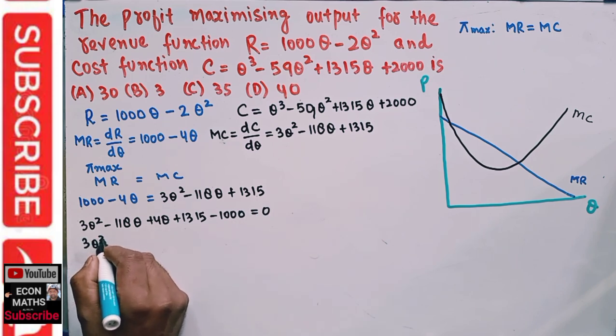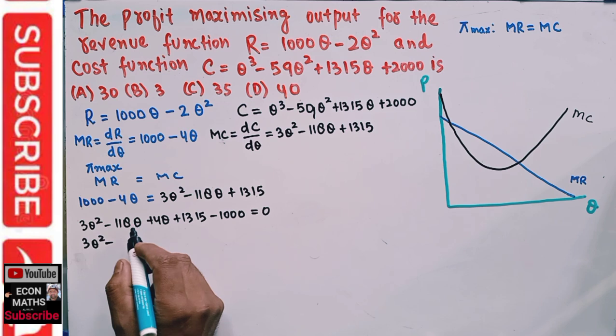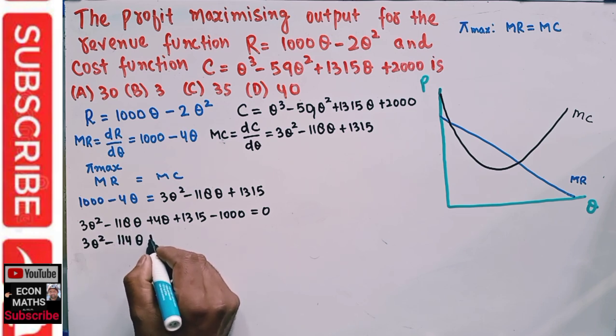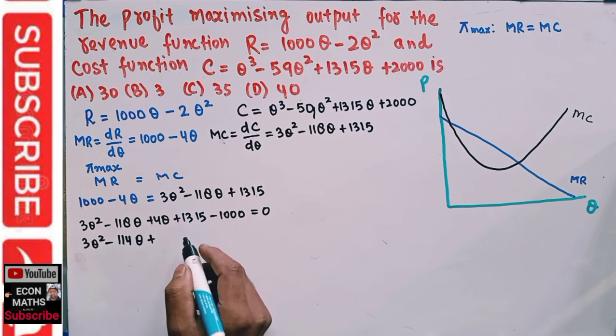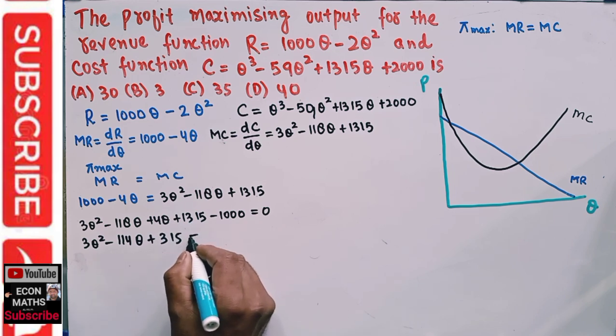So we get 3Q² - 118 + 4, which comes out to be 114Q, plus subtracting 1000 from 1315 we get 315, and we set it equal to 0.